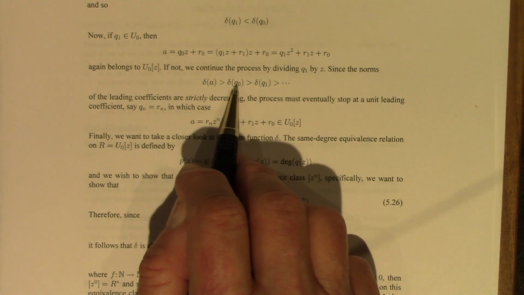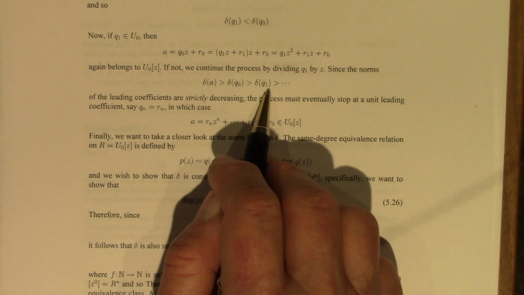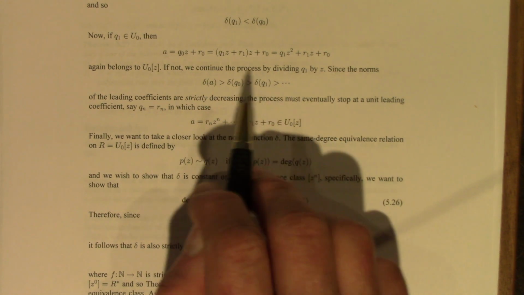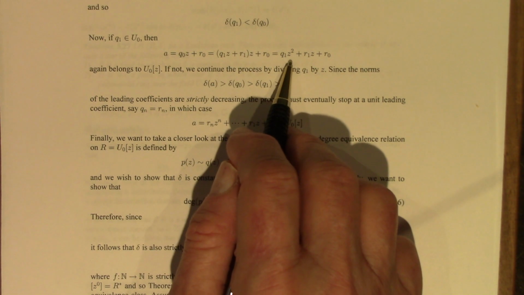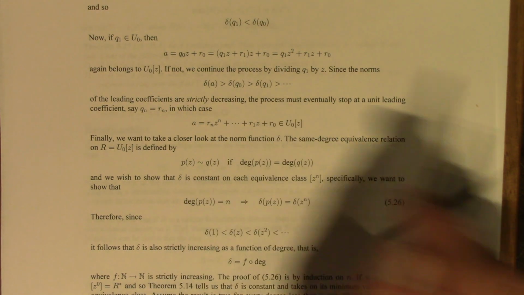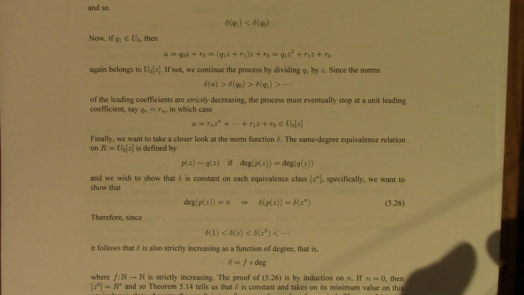But we've already seen delta Q0 is less than delta A, delta Q1 less than delta Q0, and this will continue. So what's happening is that the leading coefficients in these polynomials have strictly decreasing norms. Eventually, then, the leading coefficient has to be a unit.